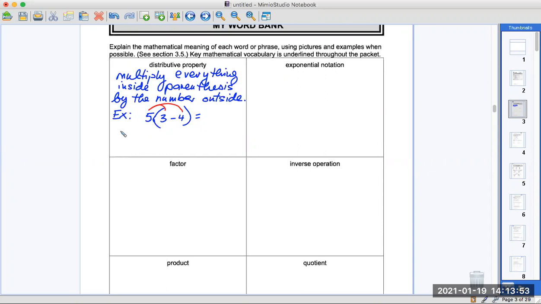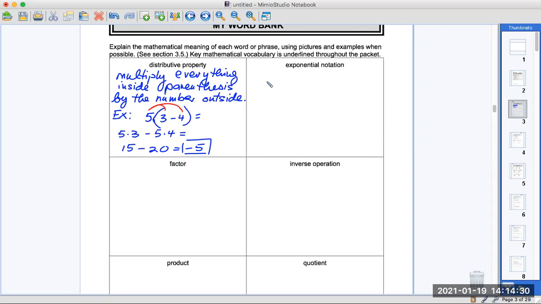So it's 5 times 3 minus 5 times 4. 5 times 3 is 15, minus 5 times 4 is 20, and 15 take away 20 is -5. So that's distributing when you have parentheses and something is in front. Sometimes it's even in the back, and you multiply everything in the parentheses, and you don't have any more parentheses on the end. They go away, they disappear.